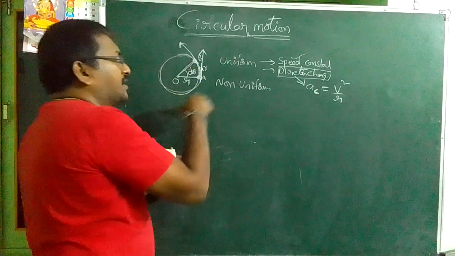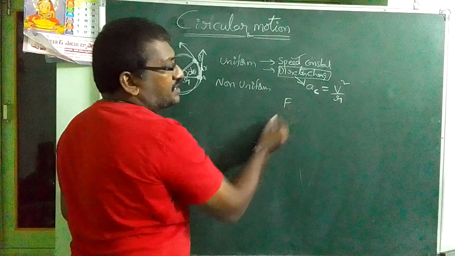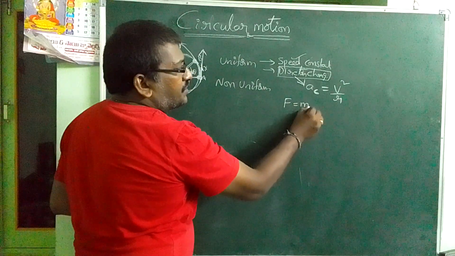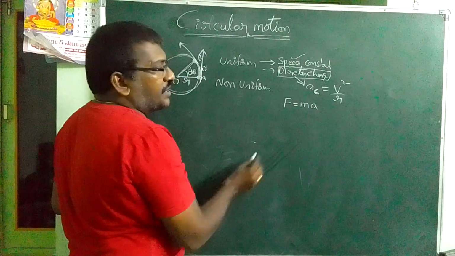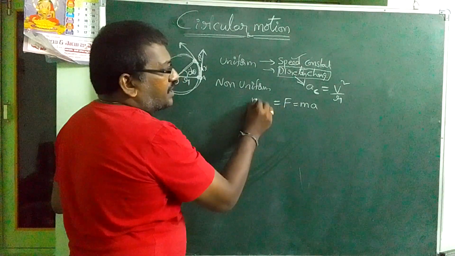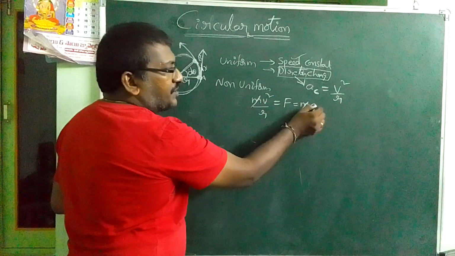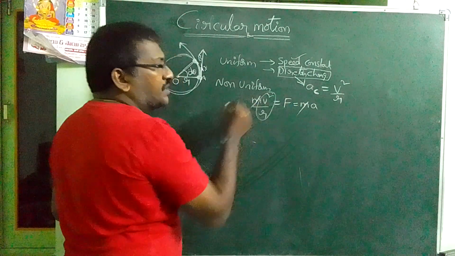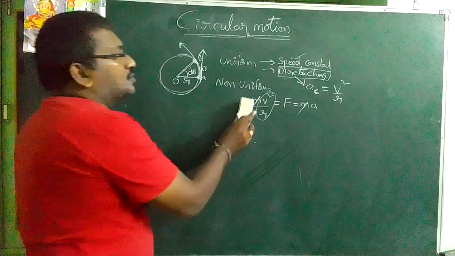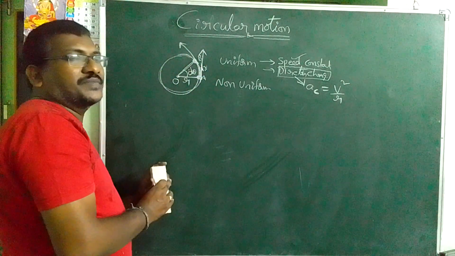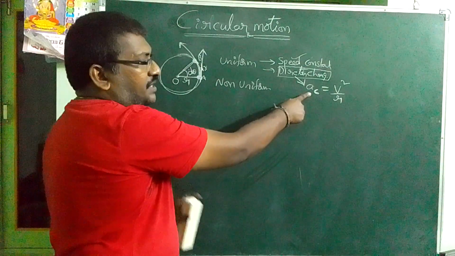The force acting on the particle is the centripetal force. According to Newton's second law, F equals ma. Centripetal force is mv square by r. Here m gets cancelled, and a equals v square by r. So due to the change in direction, you get an acceleration called centripetal acceleration.